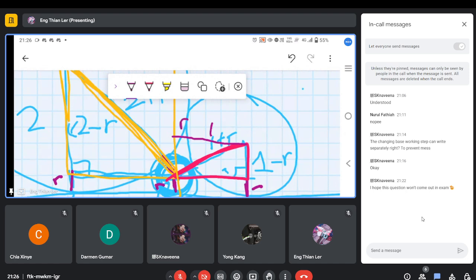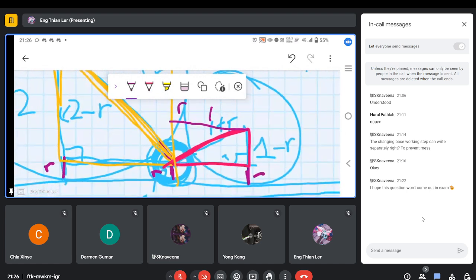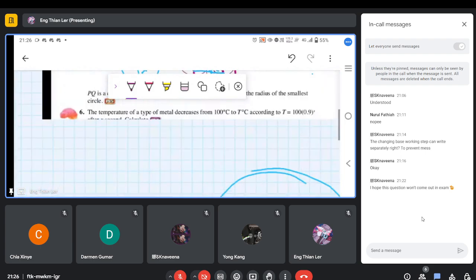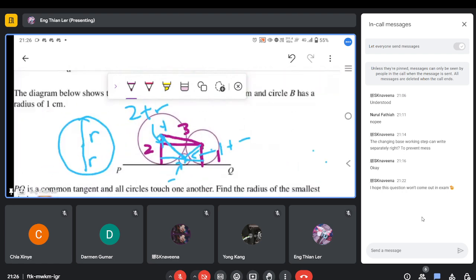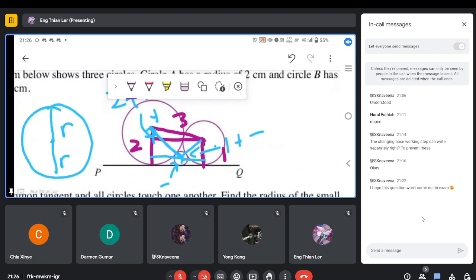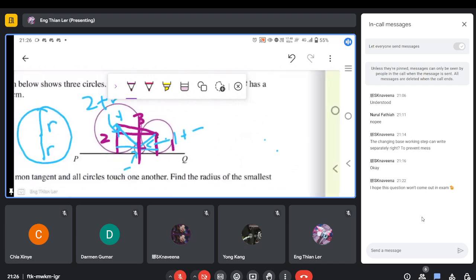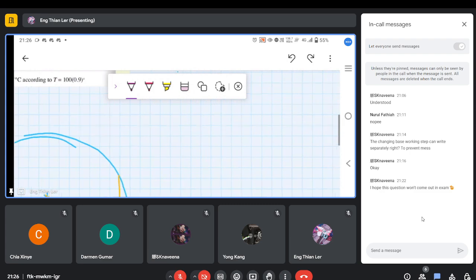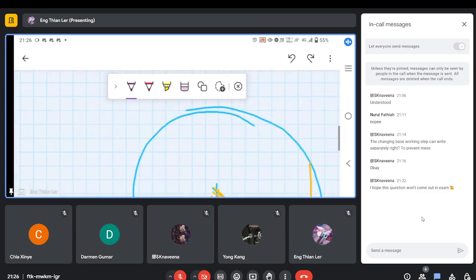And this is R. So this will be 1 plus R, right? Oh yeah, wait. I'm sorry. This is the length we are finding. So that's why we are not sure. This is the line we are finding.